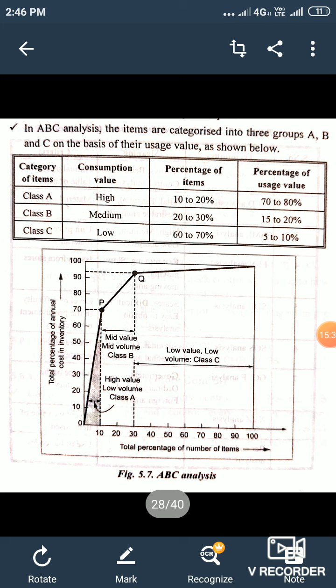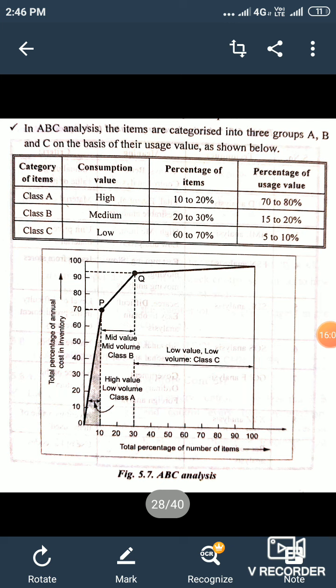Fourth step, find the percentage of them. Fifth step is to plot a graph between percentage of items on x-axis and percentage of total inventory cost on y-axis. After that, the graph shows the ABC analysis.